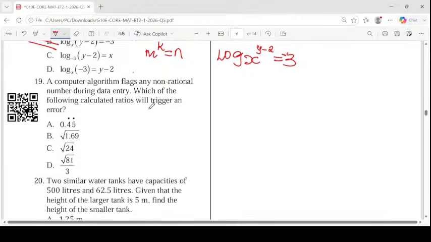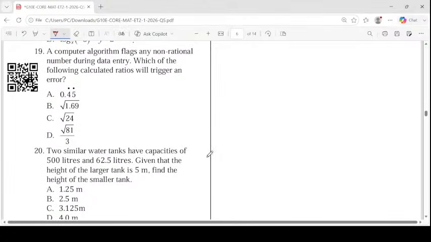Question 19. A computer algorithm flags any non-rational number during data entry. Which of the following calculated ratios will trigger an error? 0.45 recurring. Remember, if a number is non-repeating or non-terminating, then that is an irrational number.